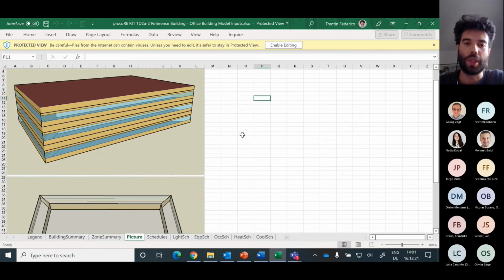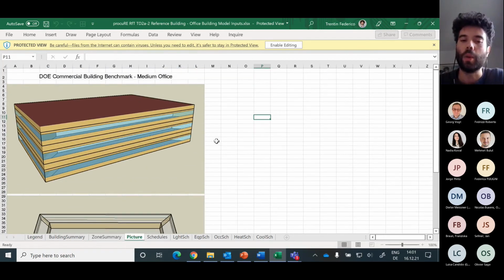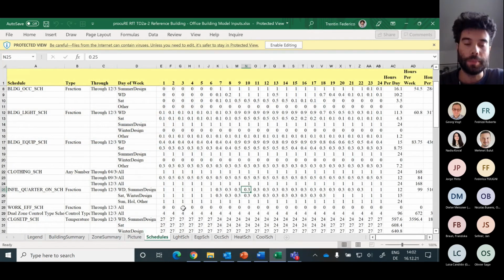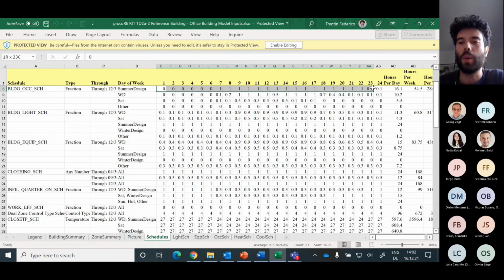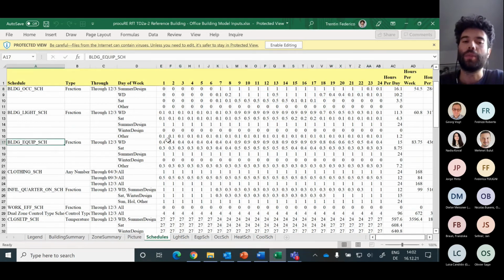Then you have the picture that you already saw in the Word document and that we reported also in the presentation, and then a sheet called schedules, in which for all the hours of the day for different periods of the year, you have the indication about the schedule for occupancy, for lighting, for the appliances, and basically for all the information you need to evaluate the building thermal balance during the entire year.